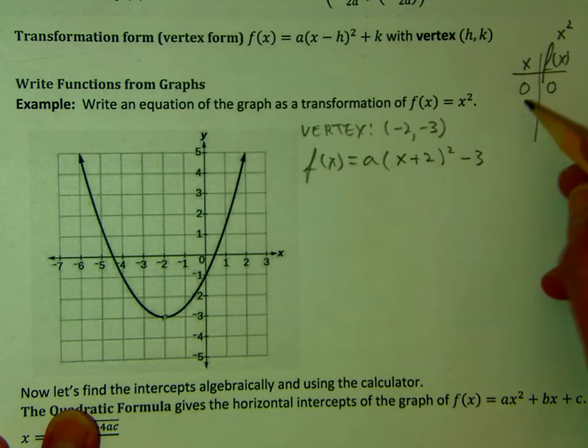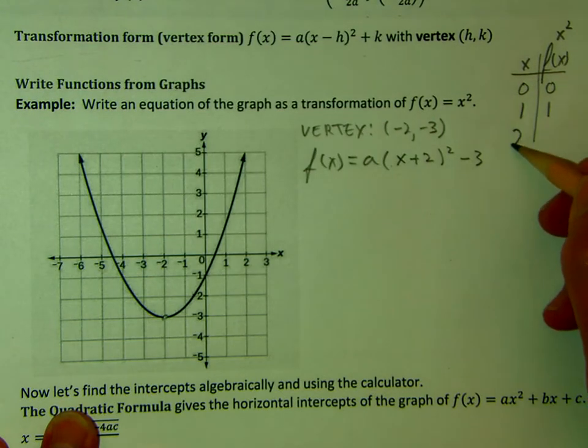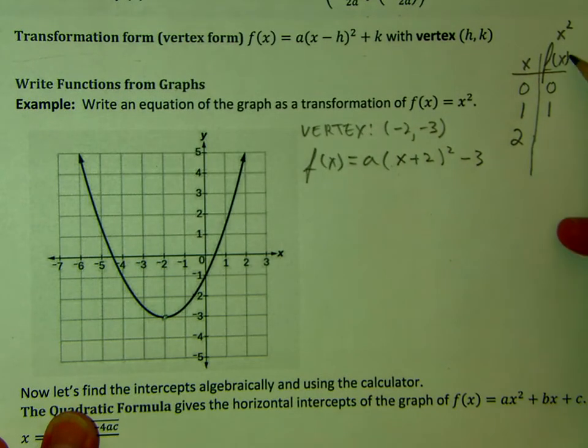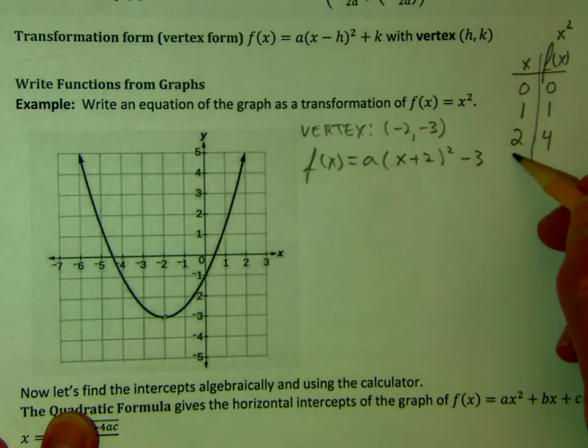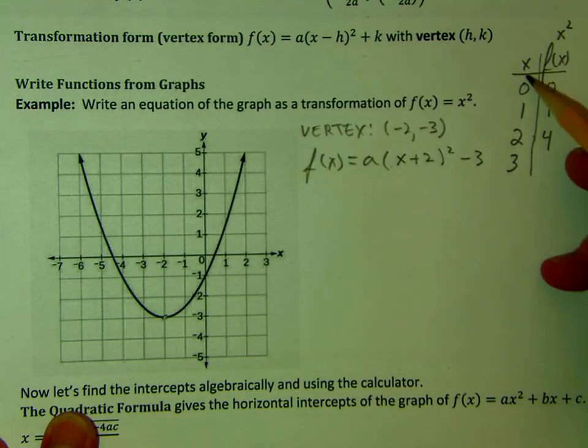If we go 1 unit to the right, then our f of x would also be 1, so 1 unit up. If we go 2 units to the right, so x is 2, then f of x would be 4. So up 4 from the vertex. If I go 3 to the right from the vertex, so x equals 3, f of x would be 9.